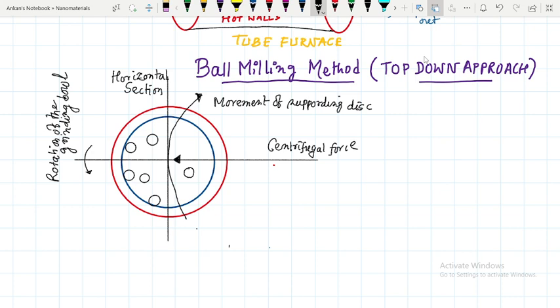While grinding, these get broken into smaller clusters, formed by the way of grinding. When they get small enough, to the nano-order dimension, we can get the nanoparticles out. So this is the grinding direction.